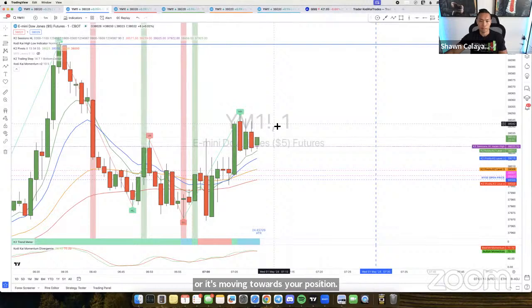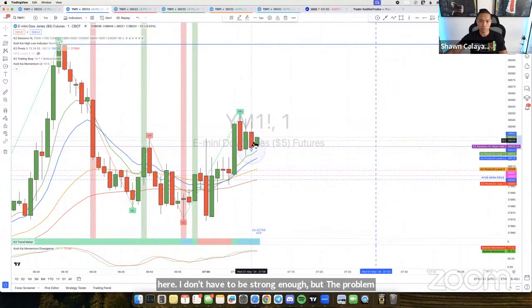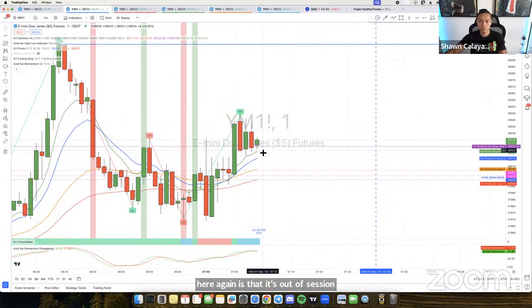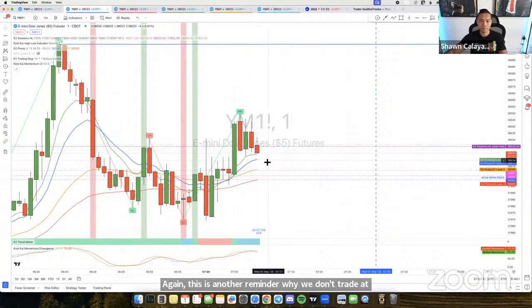All right, so we're having a bit of a retracement right here. I don't know if it's going to be strong enough, but the problem here again is that it's at the sessions. Again, this is another reminder why we don't trade at the sessions, because this is where you get caught in. And this is going to suck because this is going to break below. It's going to have the retracement, but then it's going to be stuck at the session.